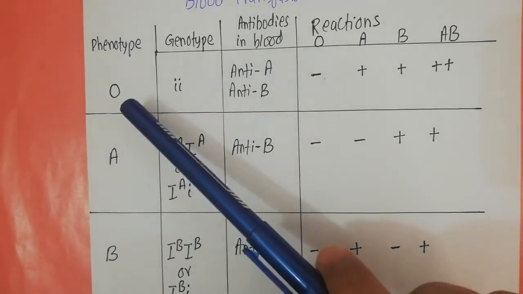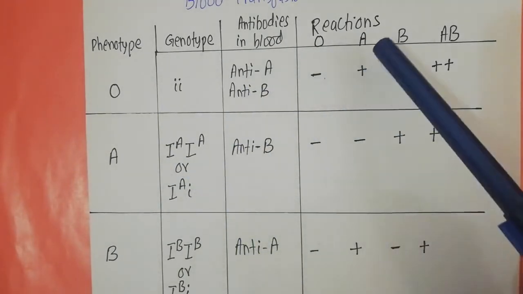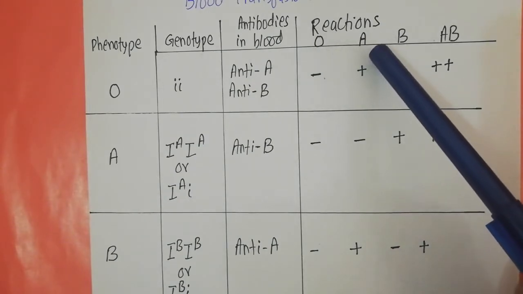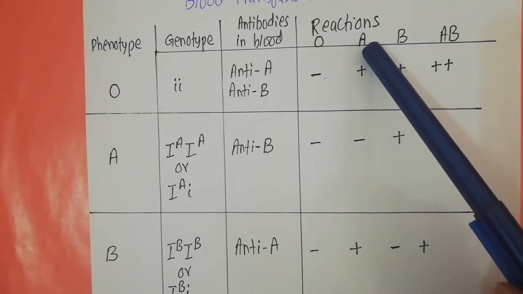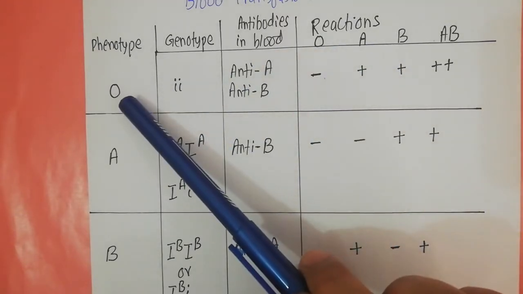But if you give an O type individual A type blood, the antigens present on the red blood cells of the A individual are foreign to this O person.